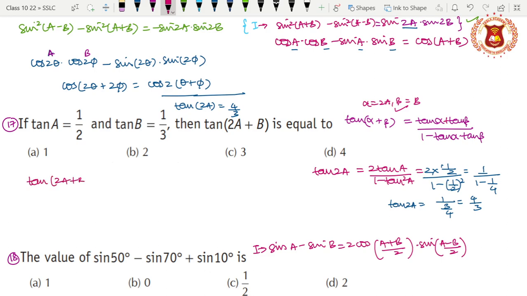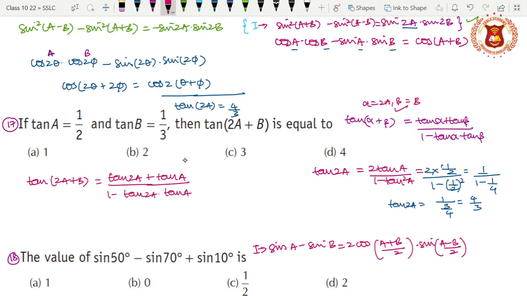Tan of (2a plus b) is equal to tan alpha plus tan beta. Tan alpha can be written as what here? Alpha is 2a here. I think I'll write the identity again first. Tan alpha can be written as tan 2a plus tan beta, which is tan a, whole divided by 1 minus tan 2a into tan a, right?